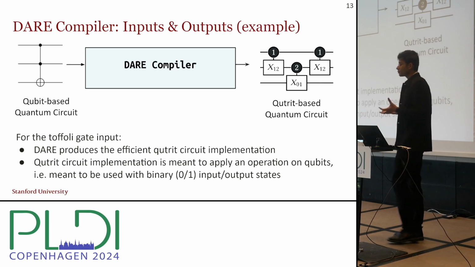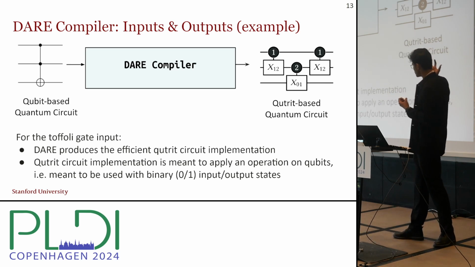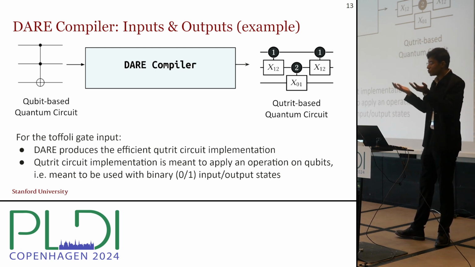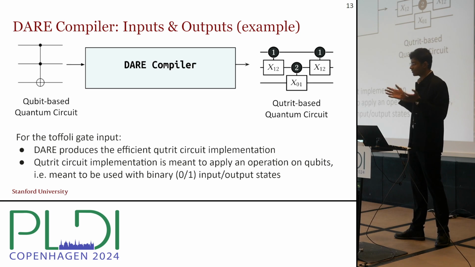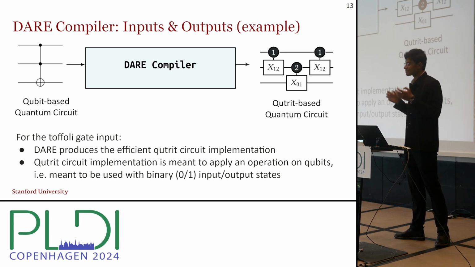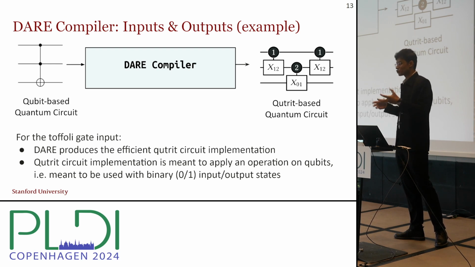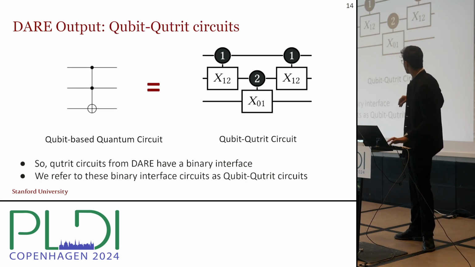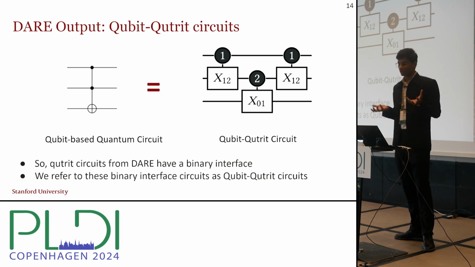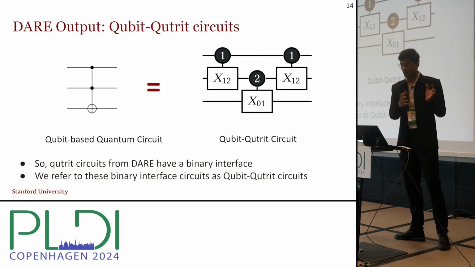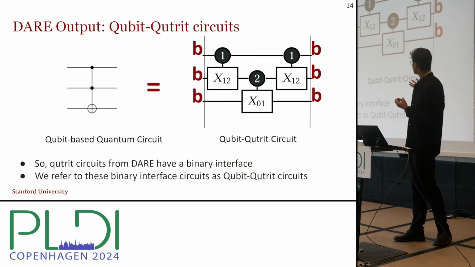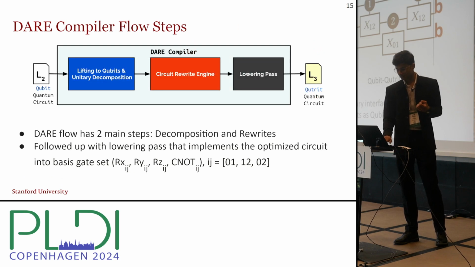Since DARE circuit outputs are meant to be used as an implementation of the original qubit circuit, they're meant to be used with qubit states, that is, with binary input and output states, binary being a superposition of 0 and 1. Therefore, any circuit interface for any DARE output would be binary. We name such qutrit circuits with binary interfaces as qubit-qutrit circuits.